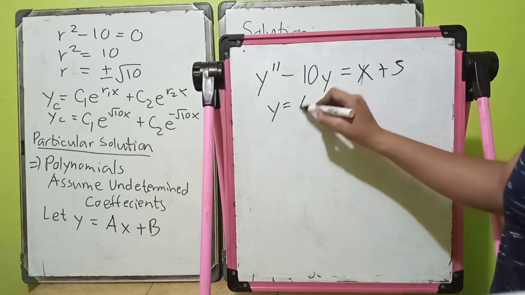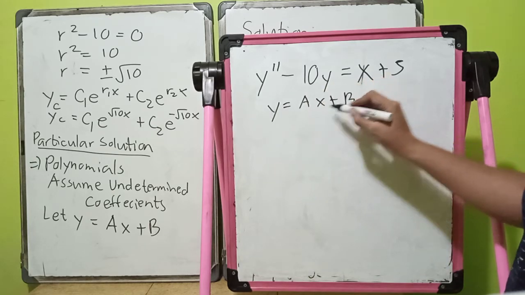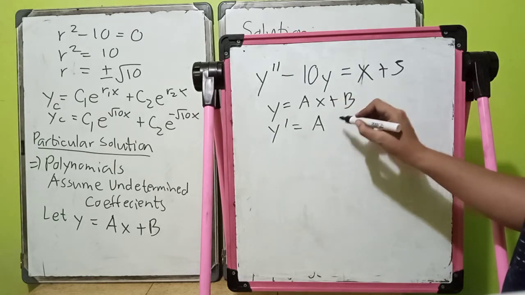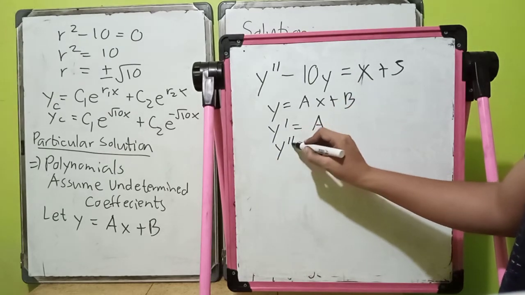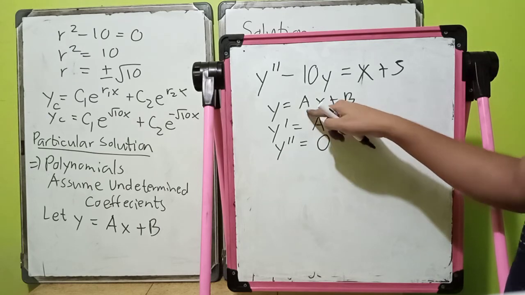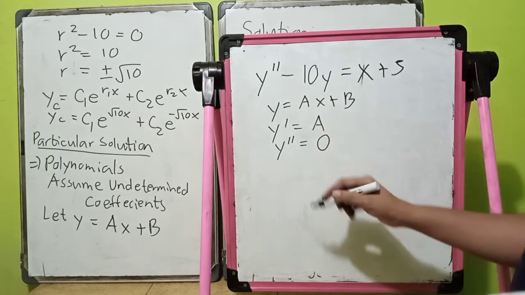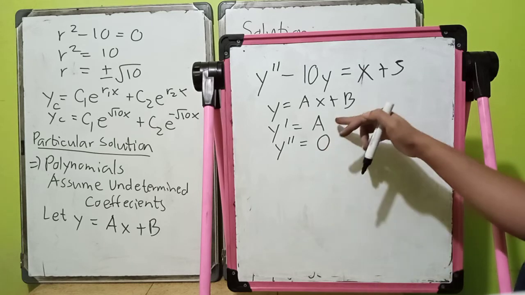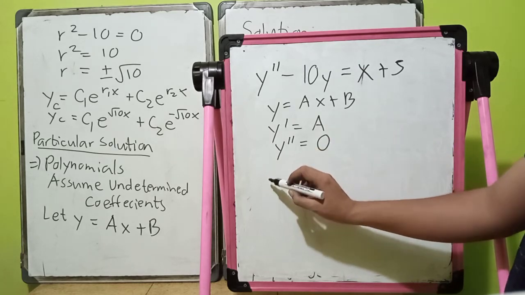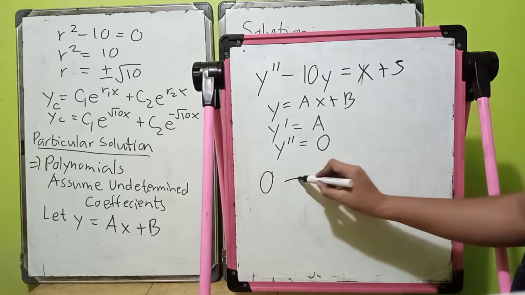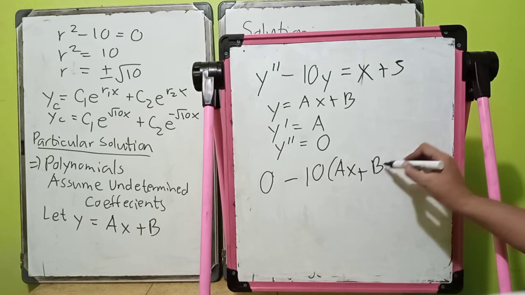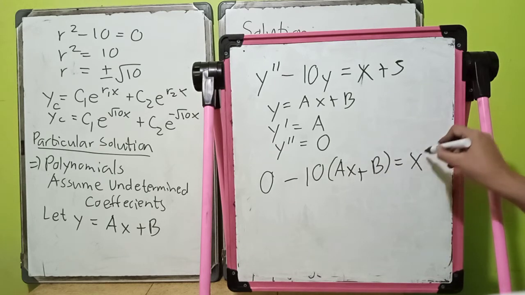So, therefore, y single prime is a. And then, y double prime is 0 because a and b are constant. So, here we replace: y double prime 0 is 0 minus 10 times ax plus b is equal to x plus 5.